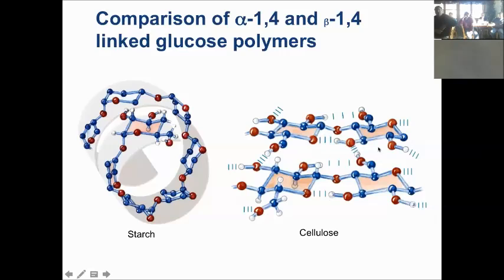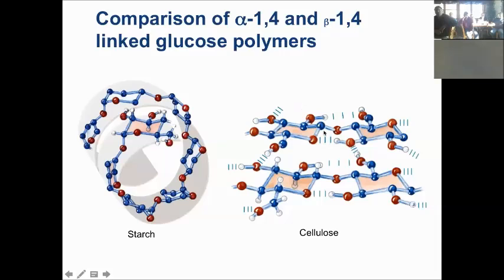You can see in this projection that cellulose is usually long chains of glucose in what we call beta 1,4 links, whereas starch is more globular and has a lot of branching in it, and the glucose is linked by what we call alpha 1,4 links.